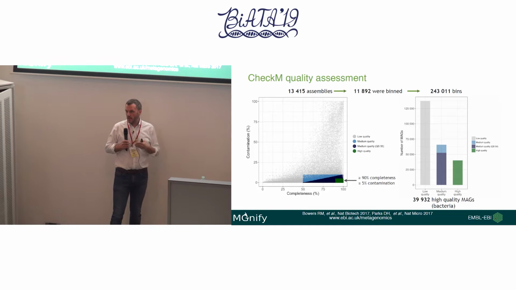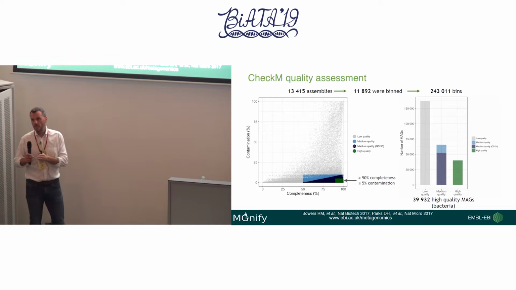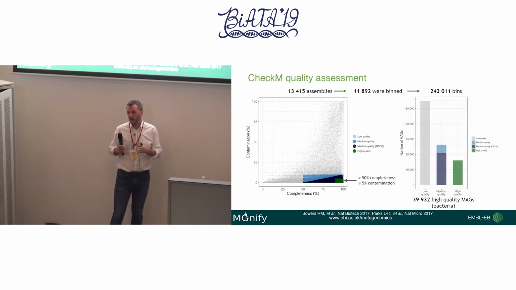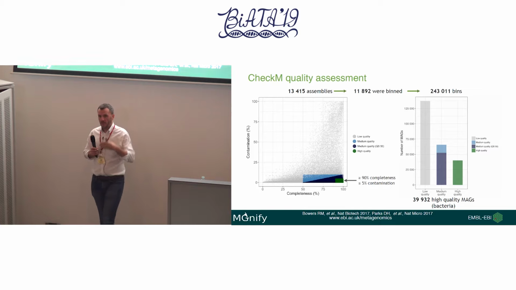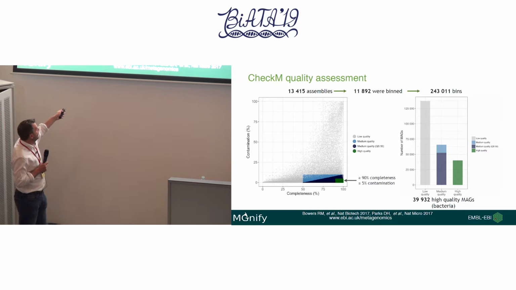I'd rather accept a genome or bin that is 50% complete and has 0 contamination, rather than having something that is 70% complete and having a modest amount of contamination. So we'll accept this sliding scale.